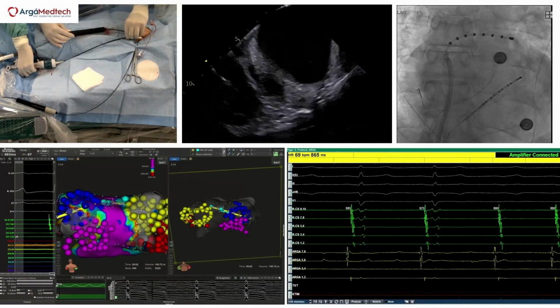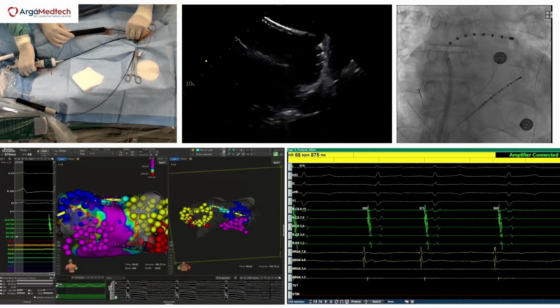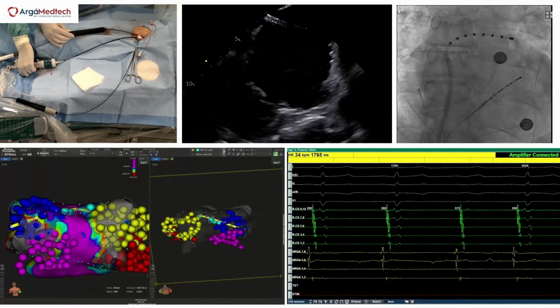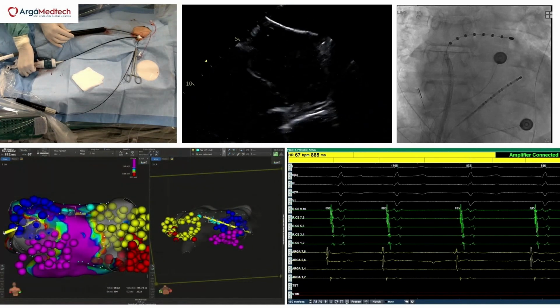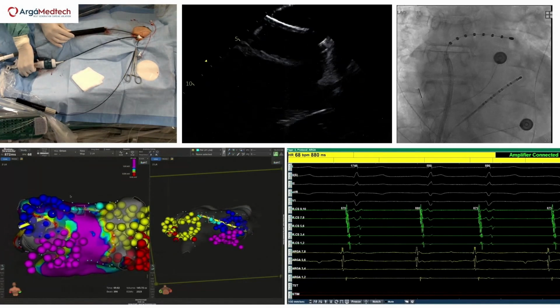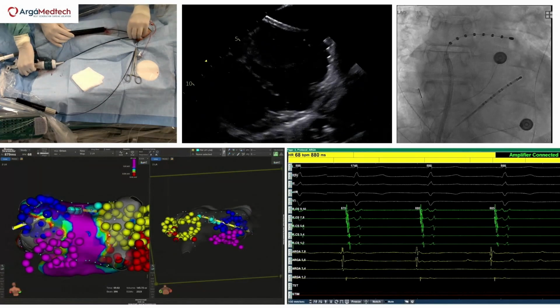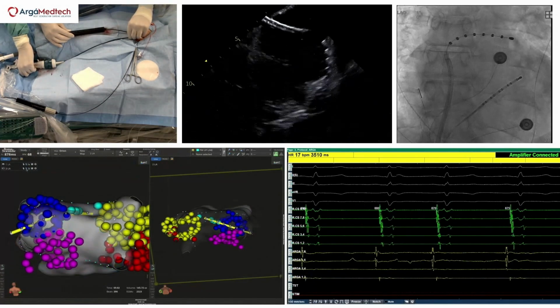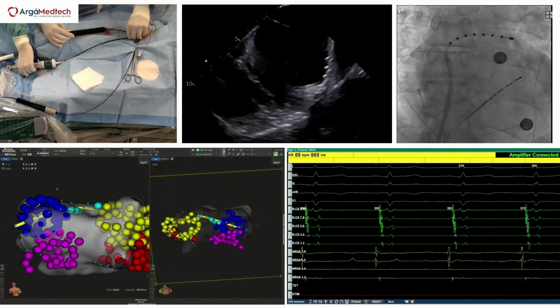But the beauty of this max lesion, as I discussed in the lecture, is that I can really go as deep as 1 centimeter. And if you have a young male patient, athletic, I think we all appreciate it's not easy to transect the conduction across the roof, especially across the septopulmonary bundle to the central part of the posterior wall.